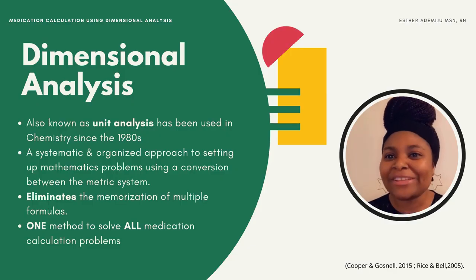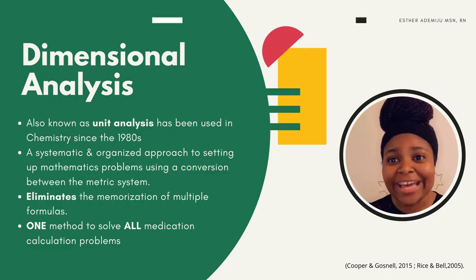We're using the metric system, we're using the conversion system, and it just makes it so much easier because we can easily set up these questions and get going. So with dimensional analysis, we eliminate all memorization of so many formulas. You don't have to memorize so many formulas. You know this, and that's it. It's your one method for all medication calculation problems, and you are gonna see that as we go.